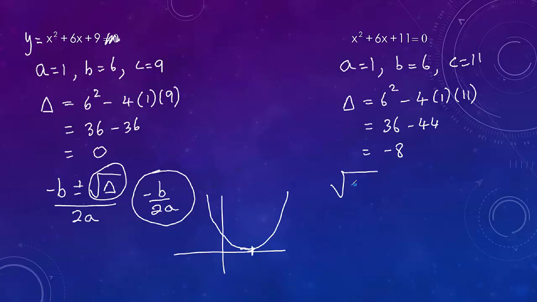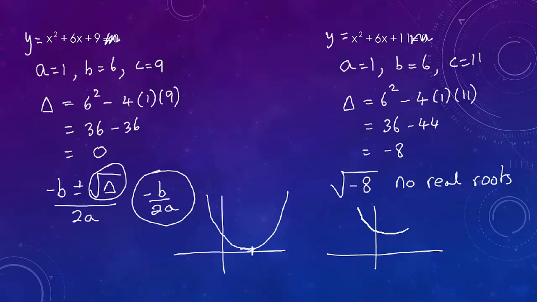Under the square root we have negative 8, and we know that we can't square root a negative and get a real result. So in this case, we say there's no real roots of the equation. If we had the function graphically, we'd find that it doesn't intersect the x-axis at all.